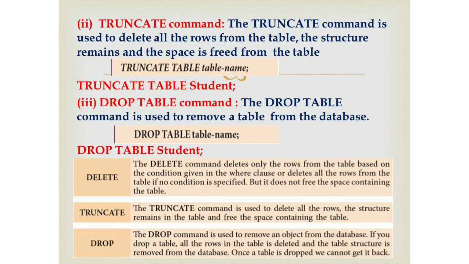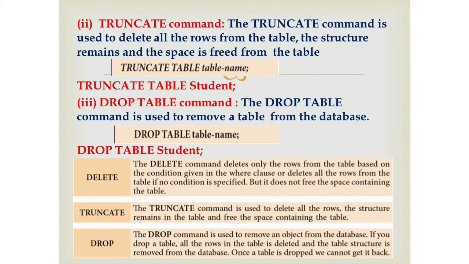But the drop command is used to remove an object from the database itself. If you drop a table, all the rows in the table are deleted and the table structure is removed from the database. Once the table is dropped, we cannot get it back.